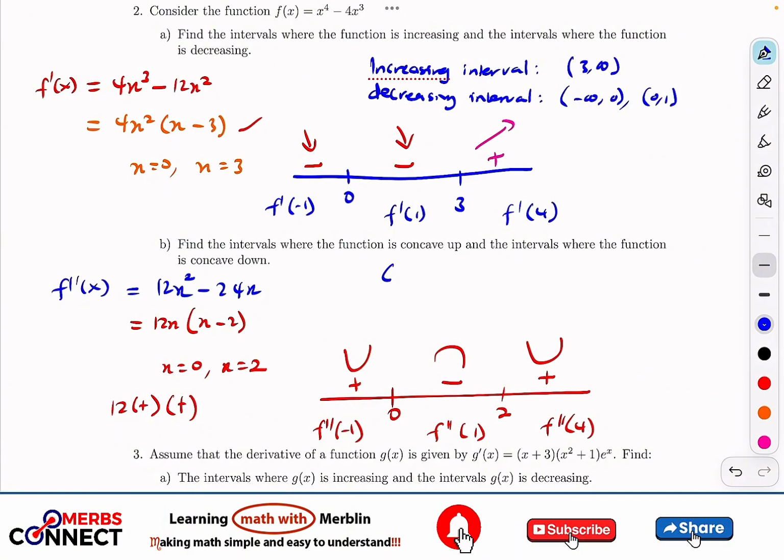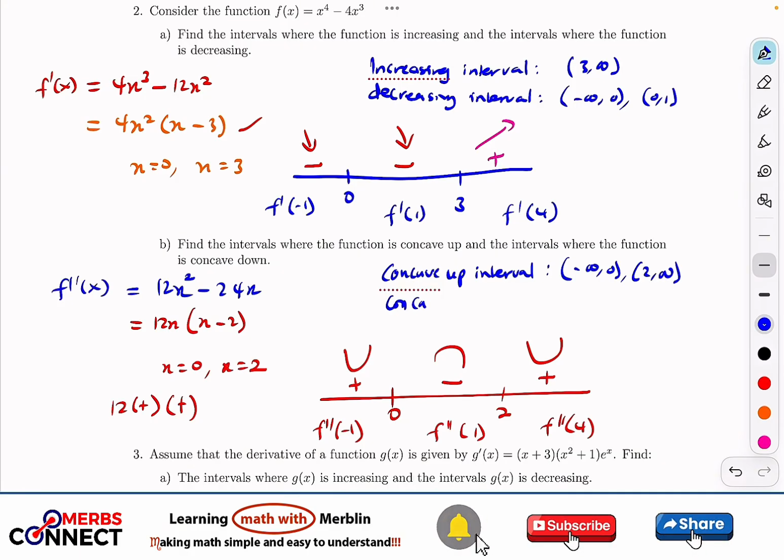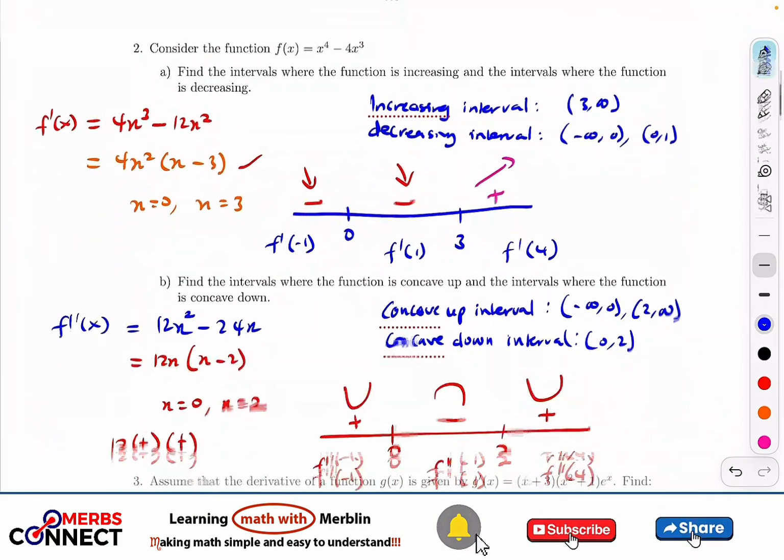So the concave up interval is going to be minus infinity to 0, and from 2 to positive infinity. The concave down interval is just going to be from 0 to 2. So that's what we are going to do from here.